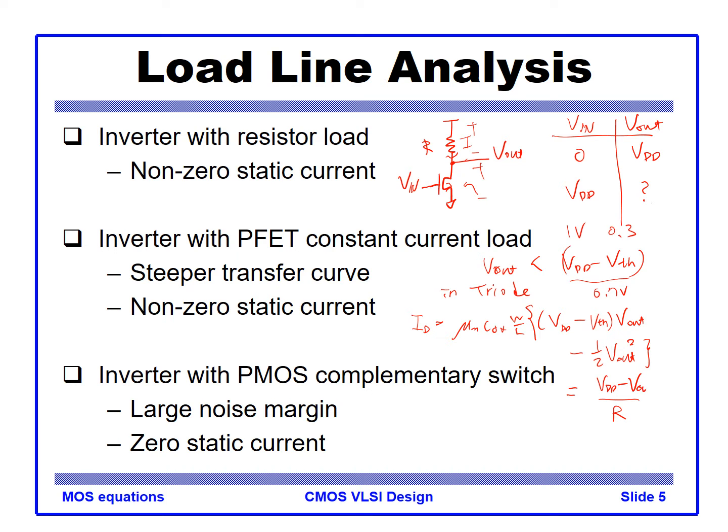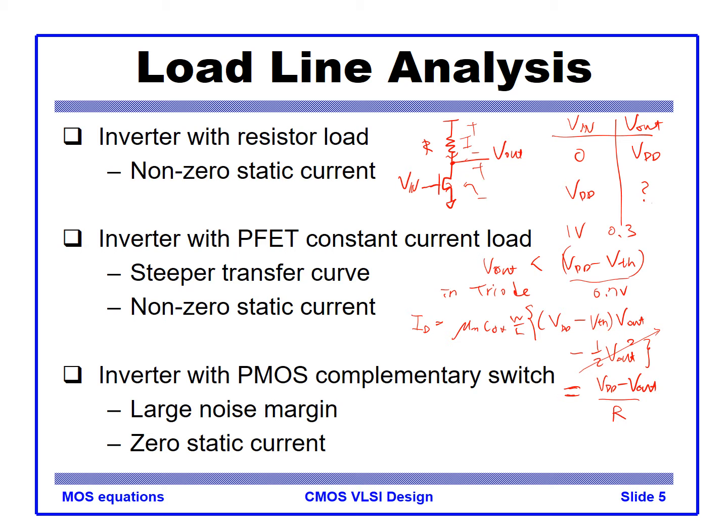This current must be the same as the current through the resistor. That would be the voltage drop across the resistance, that is VDD minus Vout, divided by R. So we can find Vout by relating those two equations.